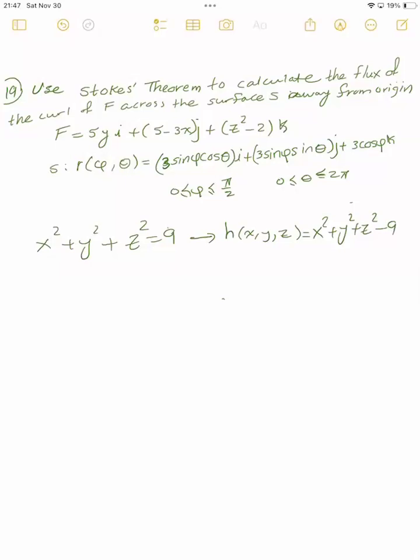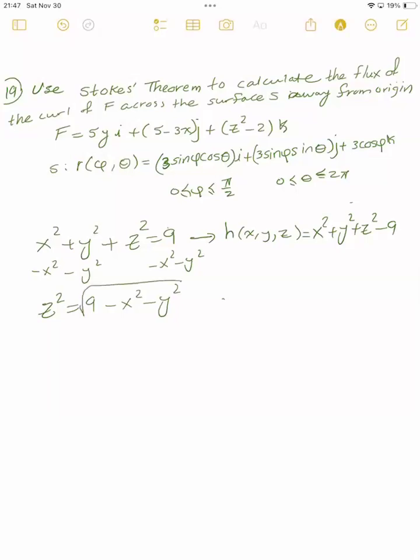Also, since we have only the top of the hemisphere, if I subtract x squared and y squared from both sides, I get z squared is 9 minus x squared minus y squared, square root both sides.